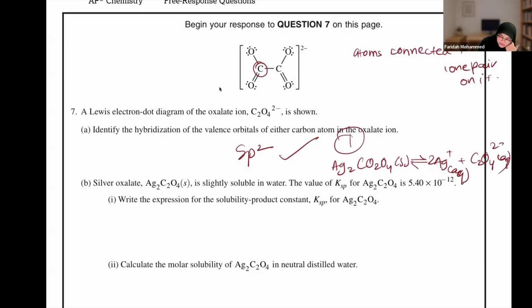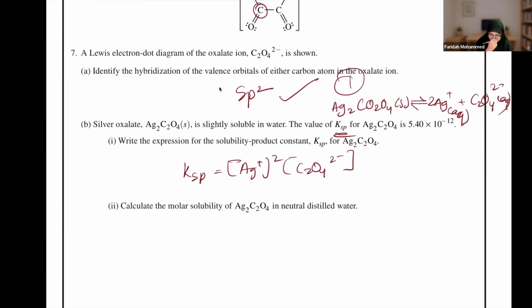Because you see KSP and they did not give you the reaction, but you remember I said whenever you see KSP, split them up. You did that. Now you can easily write your KSP expression, right? Product over reactant, reactant solid, you don't care. Square C2O42 minus, right?